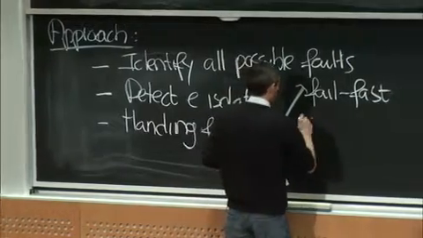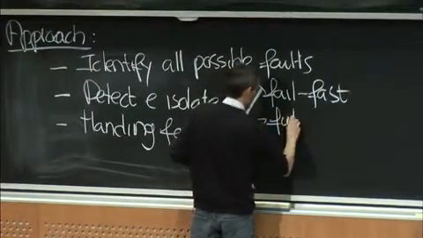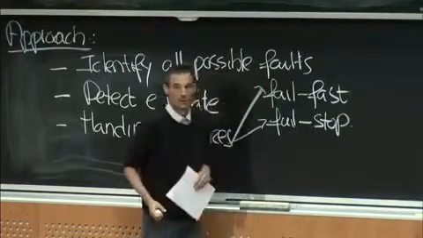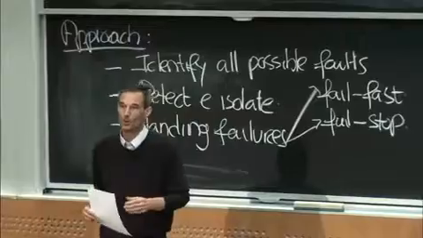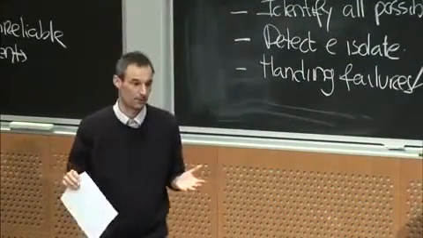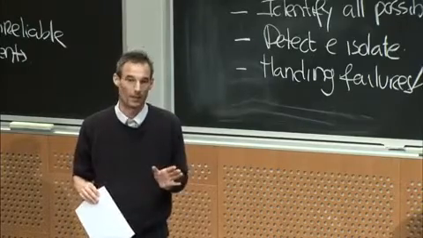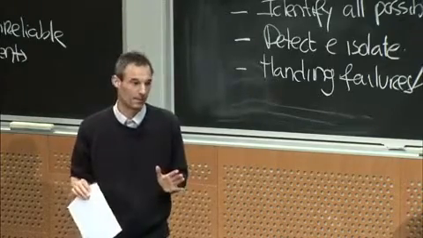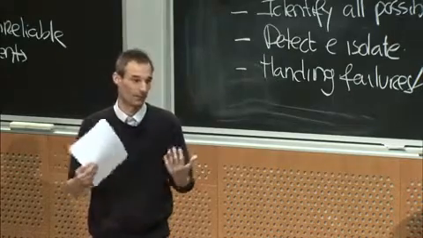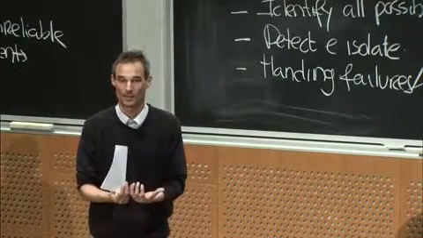Another approach, which is actually quite common, is fail stop. As soon as a component detects an error internally, it just stops and doesn't do anything. It does not return an error, but just completely stops. And the reason typically to do that is because it might actually be hard to return an error if the internal state in your component is not correct.